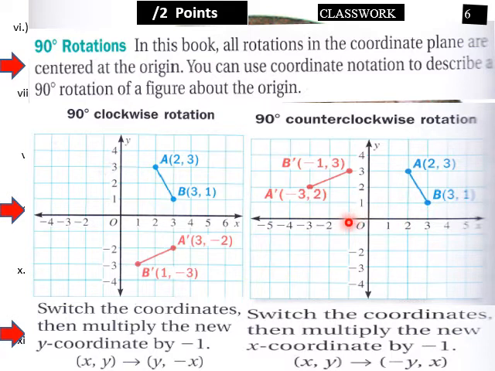So it'd be -1 and then 3 up here. And then this would be switched again. It'd be (-3, 2). So switch the coordinates and multiply the new x coordinate by -1 in this fashion. So (x, y) would become (-y, x). So the -y would become the new x, and the x would become the y. It could be a little confusing.